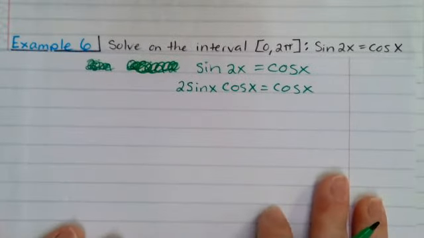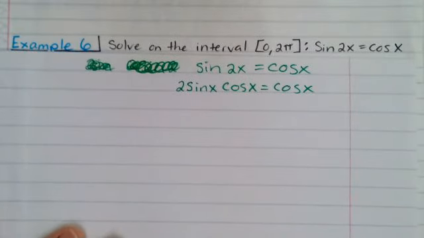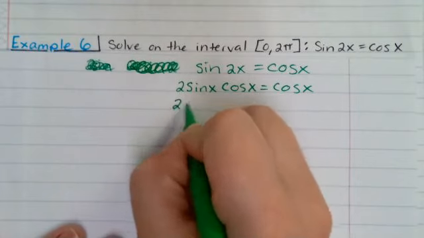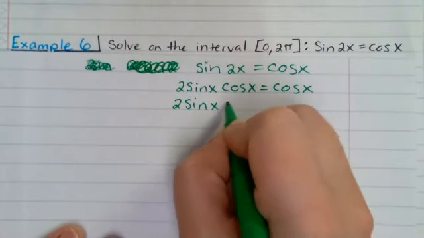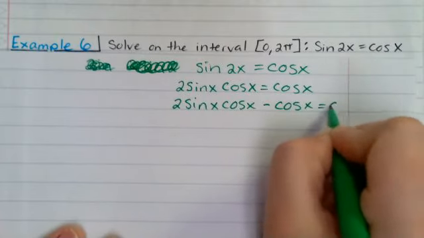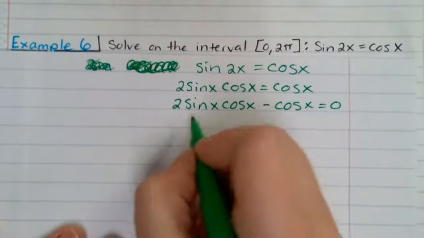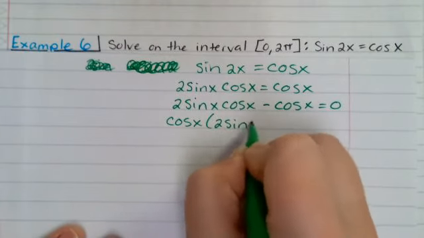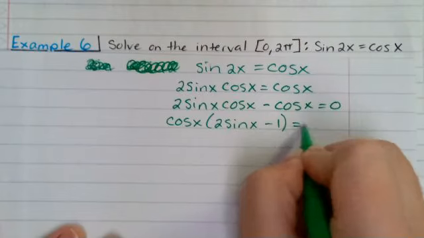Once you turn it into this, it becomes like the last section. So honestly, from this point on, it's like what we did in 5.1. I'm going to subtract the cosine to be on the other side. That's equal to 0. We're going to factor out a cosine. So this is 2 sine x minus 1.